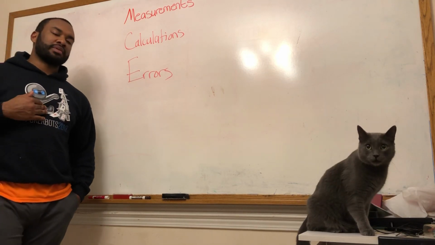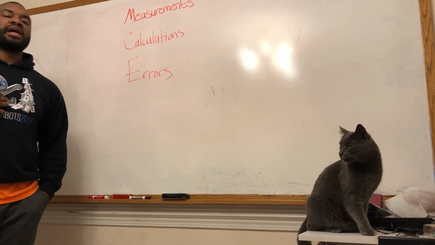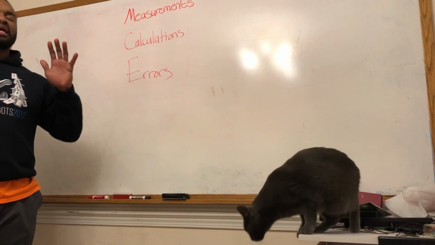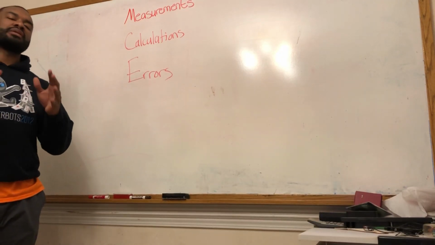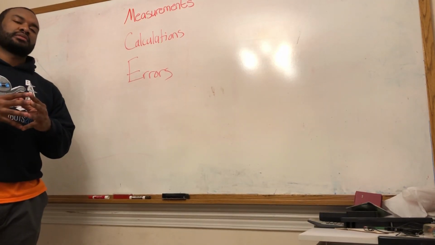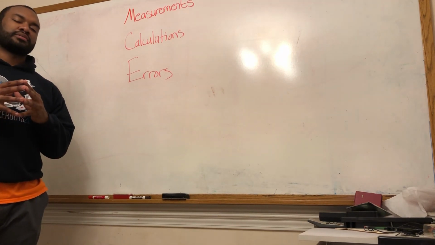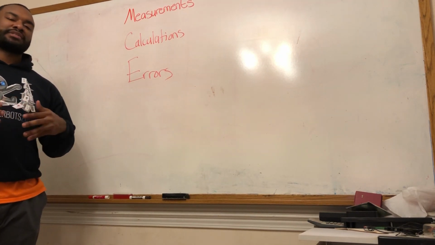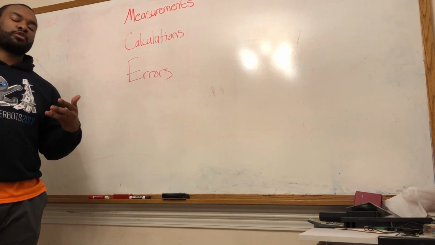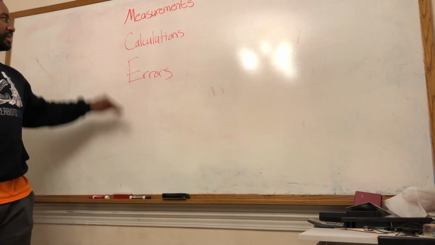Those are the two forms measurements come in, and measurements can be accurate or precise, and we want them to be both ideally. It makes our process more valid. It gives our process more integrity. We can be more trusted as scientists.